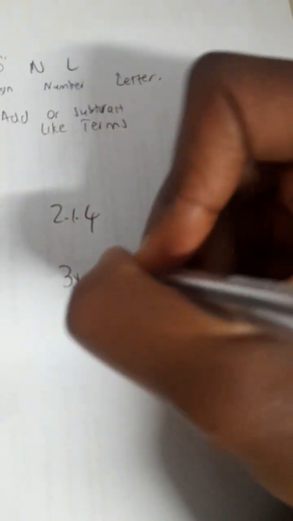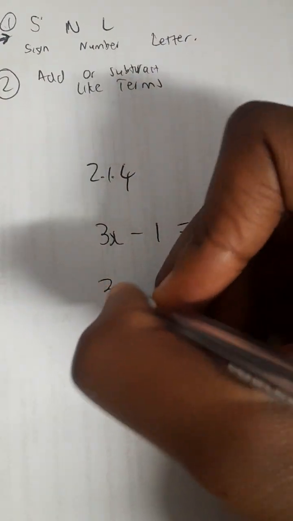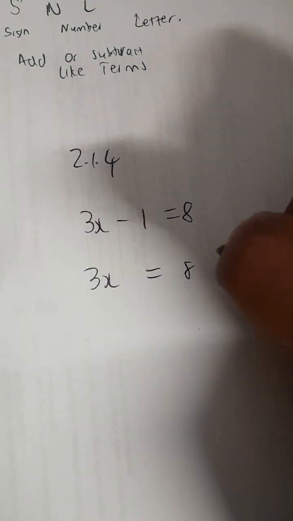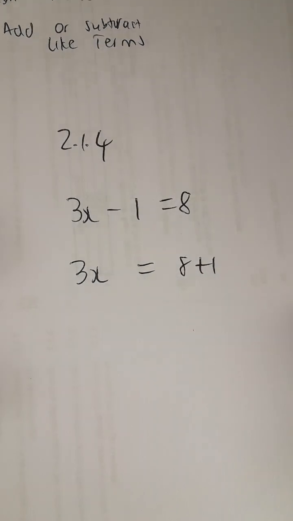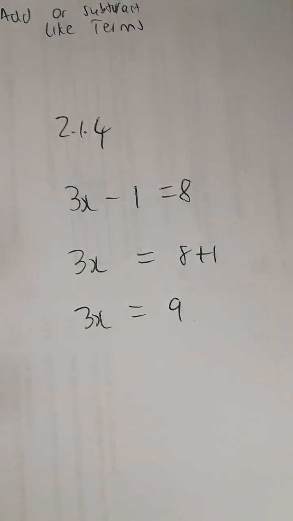Then 2.1.4, which is the last question under question 2. This is how we would go about this one. The question is 3x minus 1 is equal to 8. We are supposed to solve for x. So that is 3x. We transpose the negative 1, it becomes plus 1 on the right hand side. Then we have 3x is equal to 9.